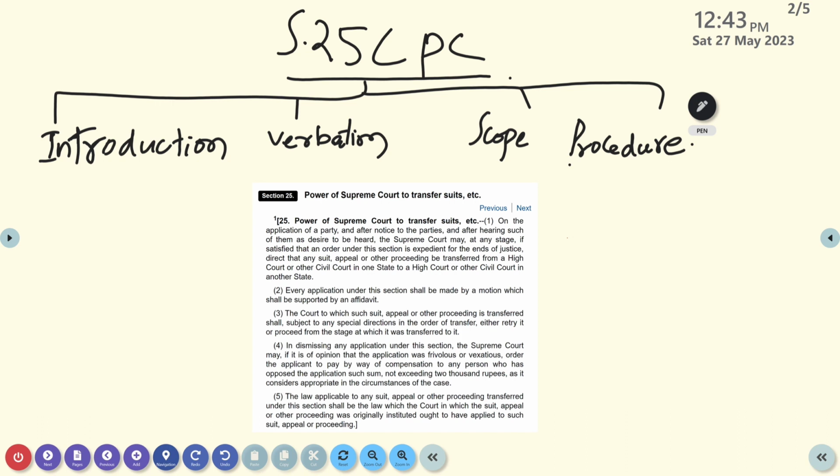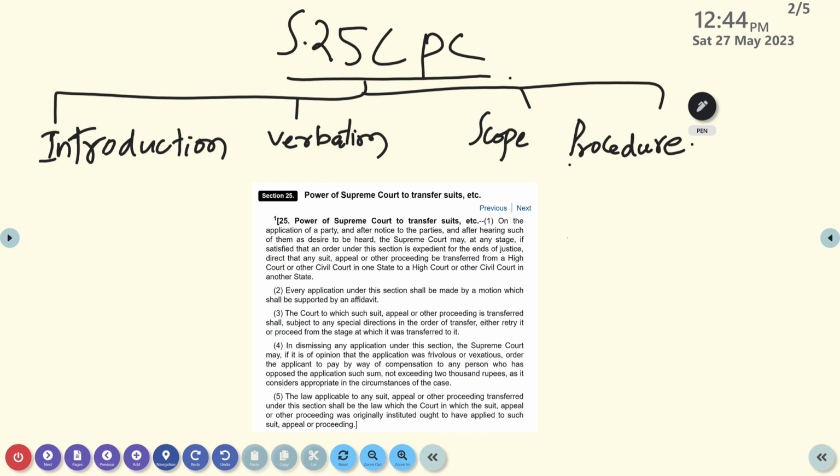That is the heading of Section 24. According to Section 24, it is the power of any high court or district court. This Section 24 contains 5 clauses.